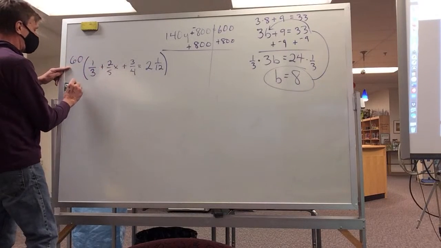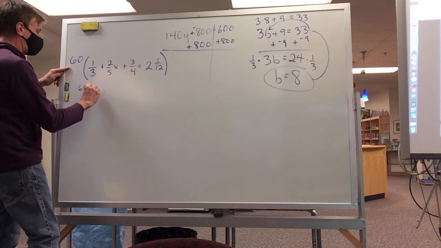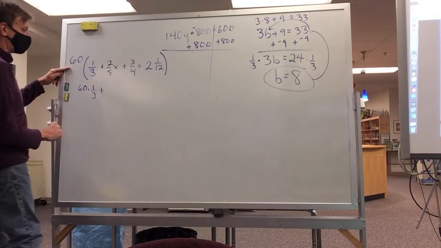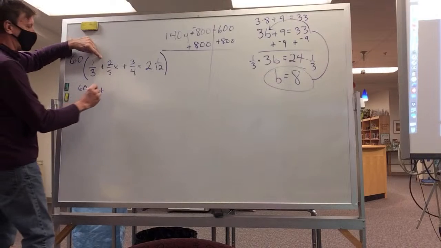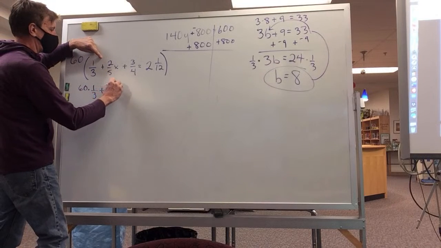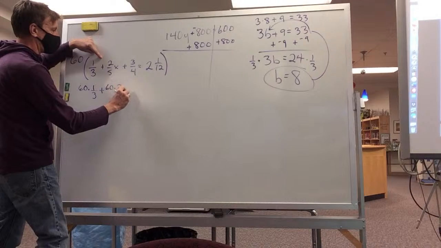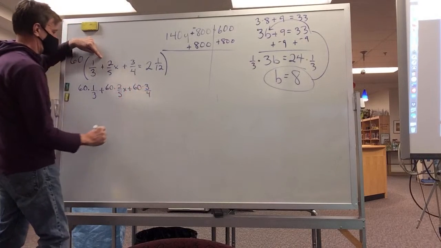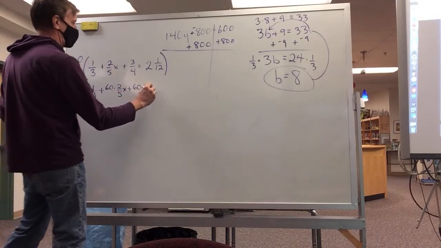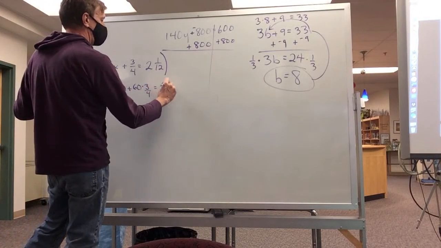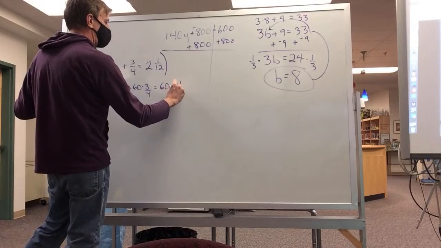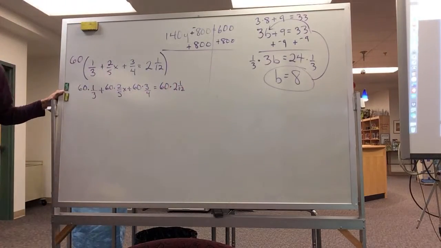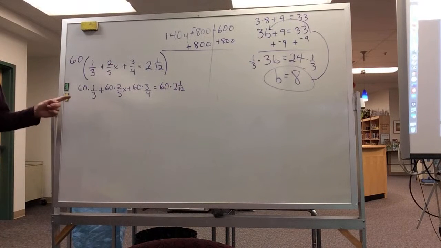I'm not going to multiply them, I'm just going to write out what I'm multiplying: 60 times a third plus 60 times 2/5 x plus 60 times 3/4 is equal to 60 times 2 to the 12th. It looks really complicated, but I've been stressing to you to simplify before you multiply.